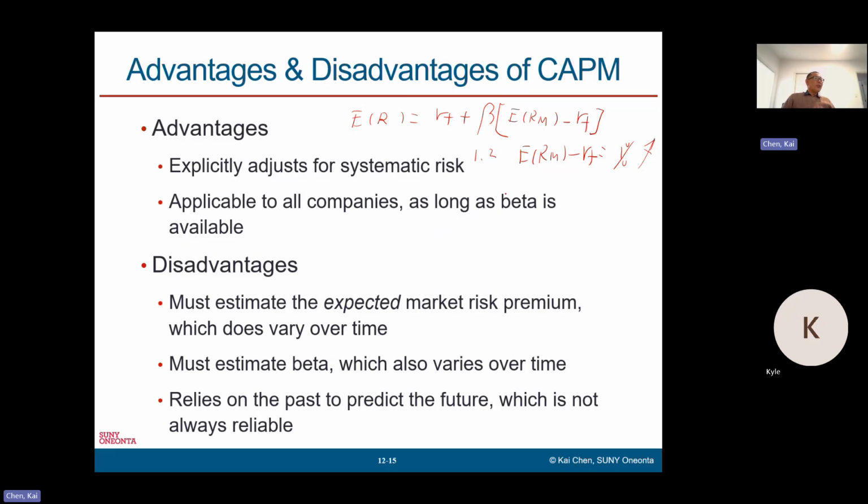Of course, the return of this asset increases by 1.2%, right?